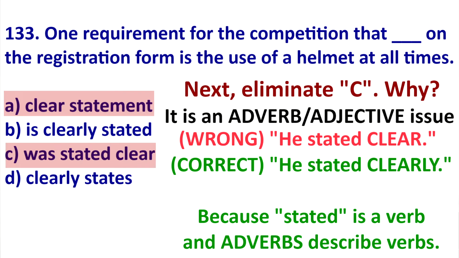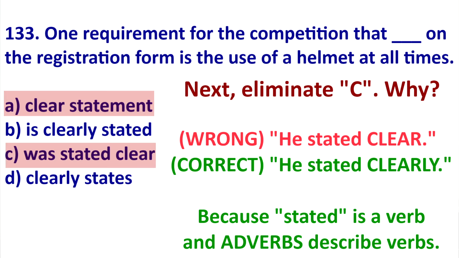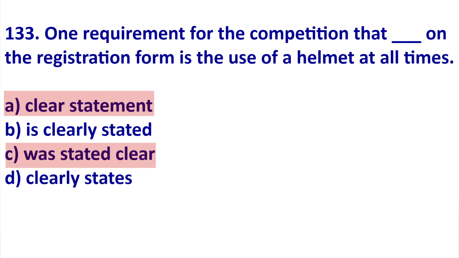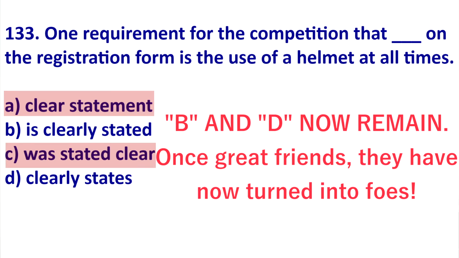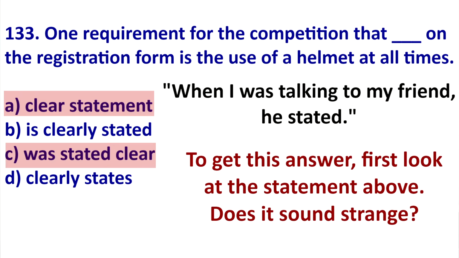So because we can see in C, there is no -ly after clear, this could not be correct. So we eliminate C. So now what we have is B and D, and this is where it gets a little difficult.